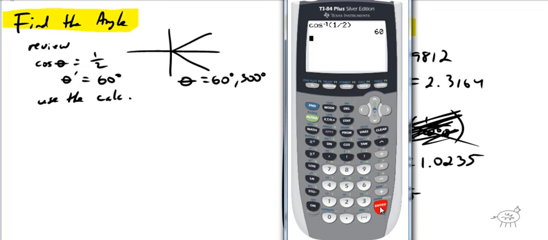Look at that. What the calculator does is find the reference angle, which you otherwise have to do manually. So your calculator is not going to give you two answers. It doesn't know that you want two answers. It's only going to find a reference angle. Once you get that 60 degrees, you're going to do a little bit of work, exactly what I did here.